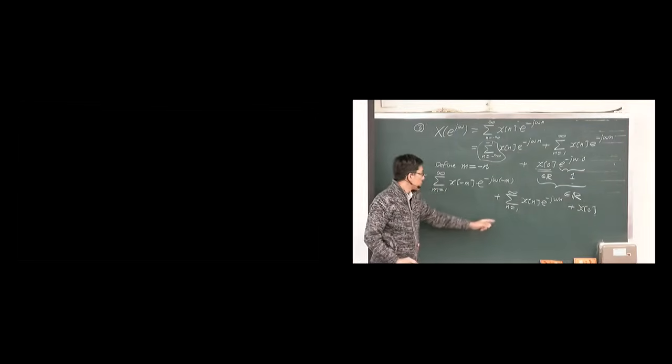Now we are ready to combine these 2 terms. First of all, m is nothing but a dummy variable, right? So can you allow me to change its name back to n? It's a dummy variable, right? Like when you change your name to salmon, you can still change it back. Change the name back to n, okay?